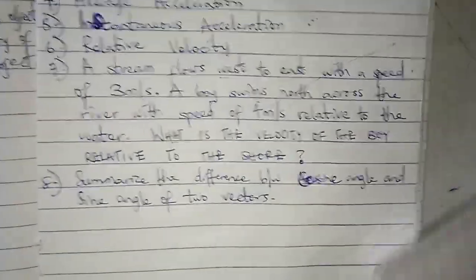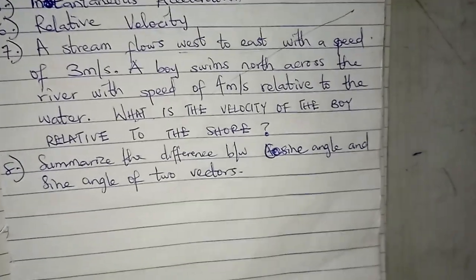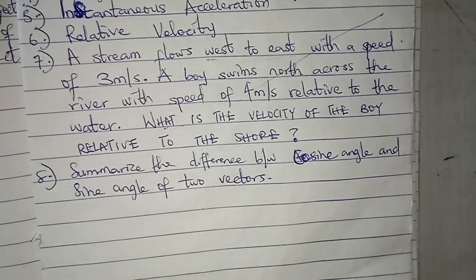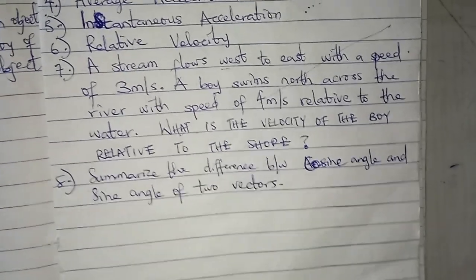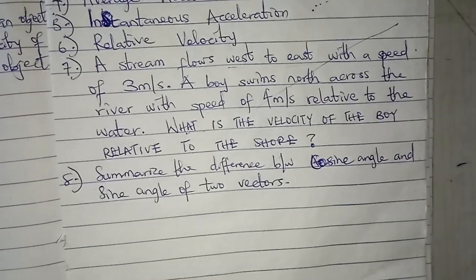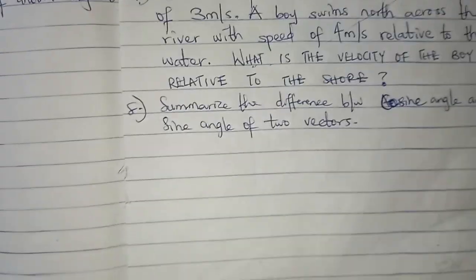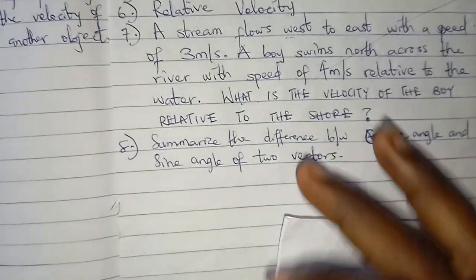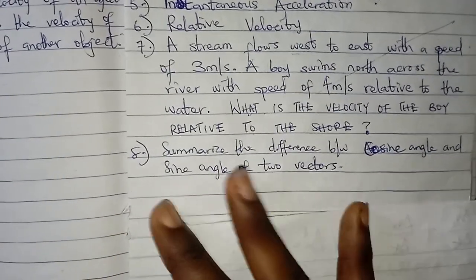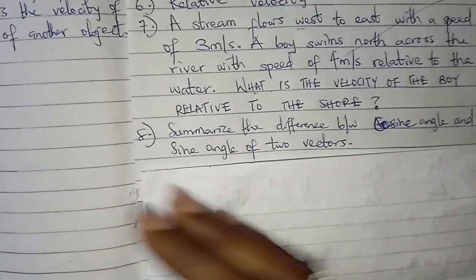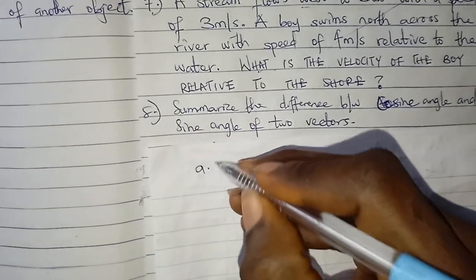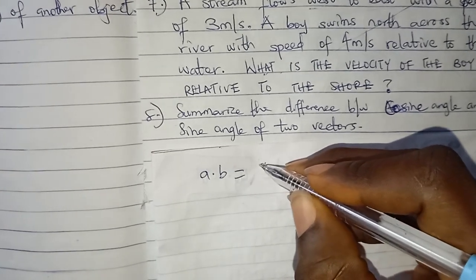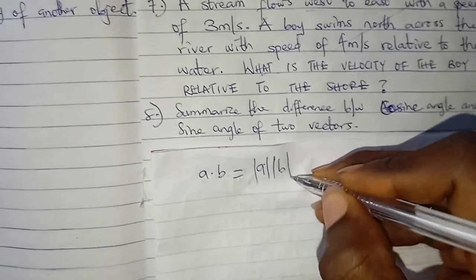Okay. They say summarize the difference between the cosine angle and the sine angle of two vectors. Whenever they tell you to find the cosine angle and sine angle of two vectors, know that they are trying to tell you to find the angle for the dot product and that of the cross product. It's given by a dot b is equal to magnitude of a times magnitude of b cos theta.